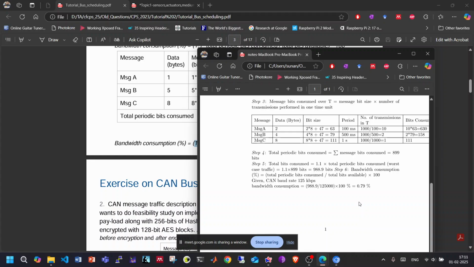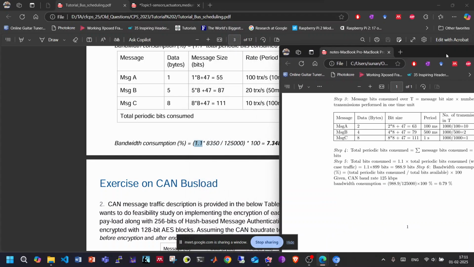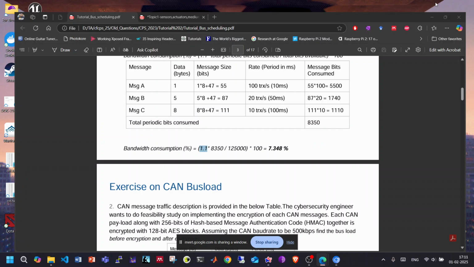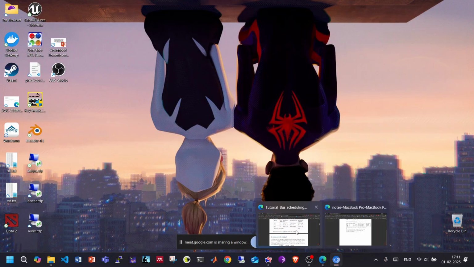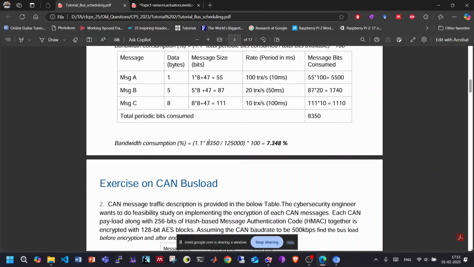You check the lectures. So basically you have to compute the worst case traffic. So the total periodic bits you can compute from the overall number of bits for all the messages, and you know how many it is possible to carry. So you compute 110% of the bits that you are going to carry. You increase it by 10%, and you compute the worst case bandwidth.